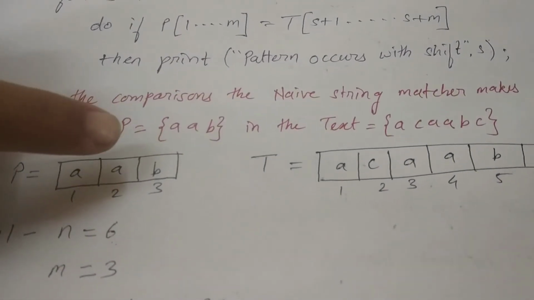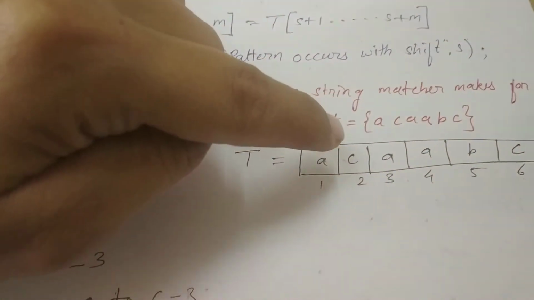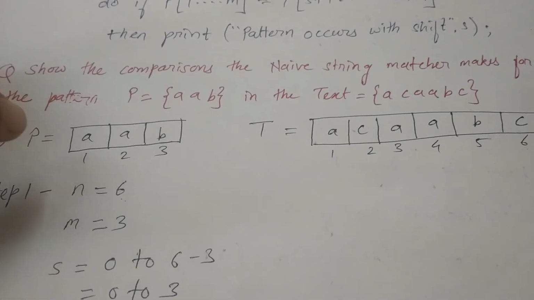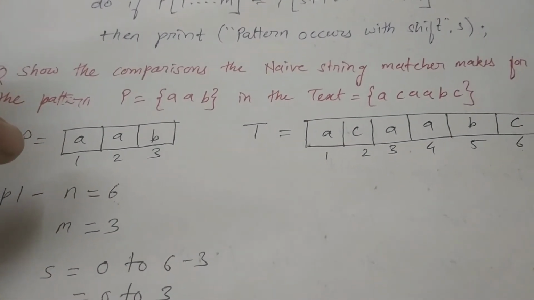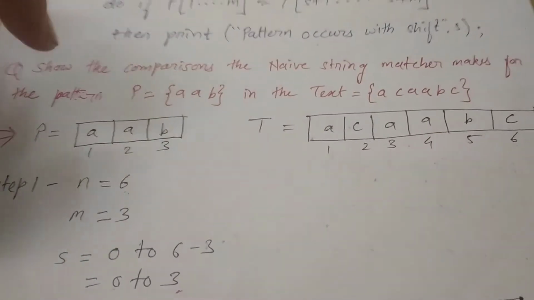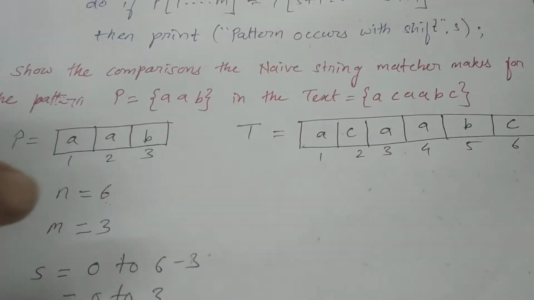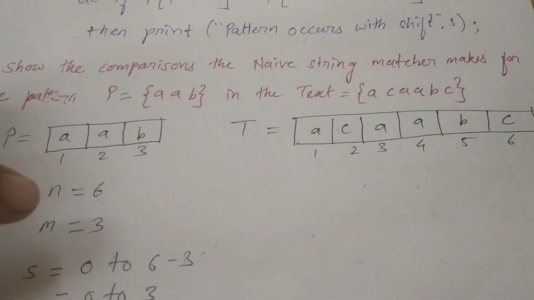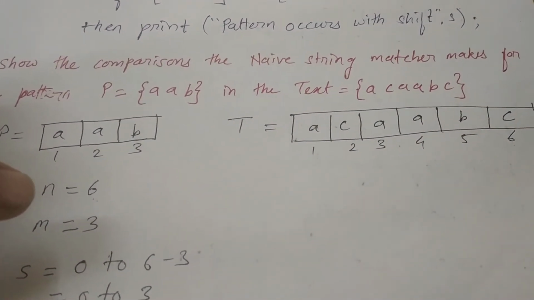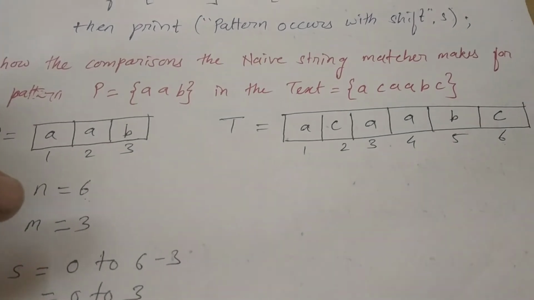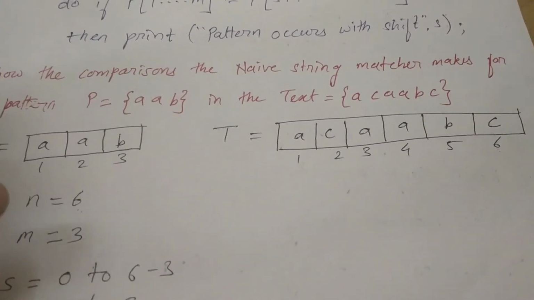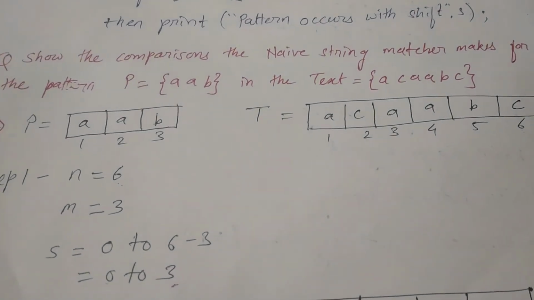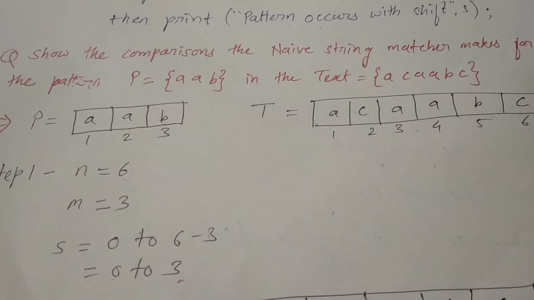Here we have a pattern and we have to search for it in the text. First we find the length of the text and pattern. We have stored the strings in arrays, so from this we can find the values of n and m. n is the number of elements, or alphabets, in the text. Here there are 6 alphabets, so the size of the text, n, is 6, and the pattern's length m is 3.